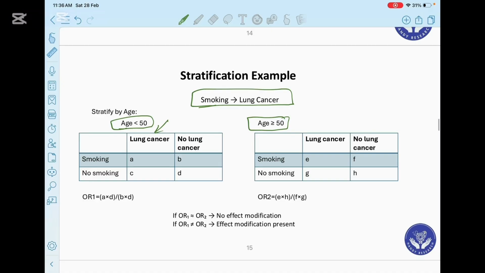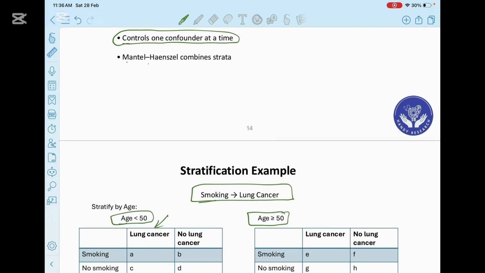It means that if odds ratio 1 equals or tends to equal odds ratio 2, then there is no effect modification, meaning age doesn't cause distortion. But if odds ratio 1 does not equal odds ratio 2, then there is effect modification present, that is, there is distortion. That method is the Mantel-Haenszel method. It allows us to combine stratified results.